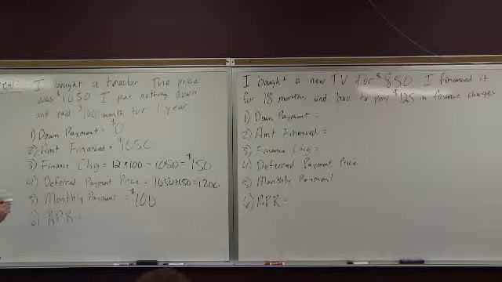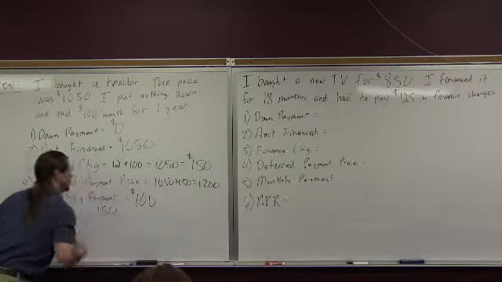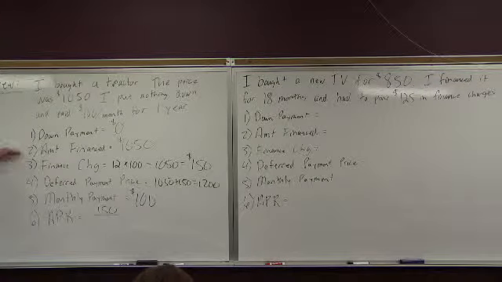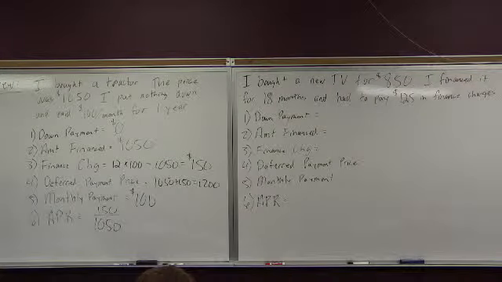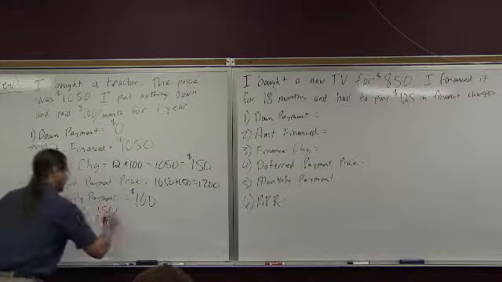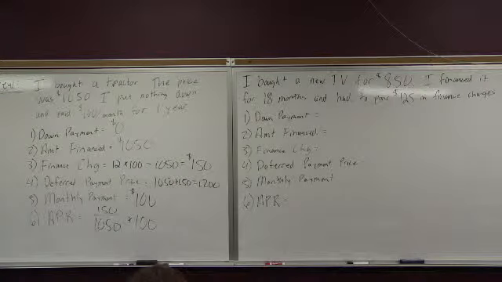All right, so the way you calculate the APR is you want to find the finance charge per $100 of amount financed. So you're going to take the finance charge, $150, divided by the amount financed, $1,050, and then per $100 says multiply this number by 100.